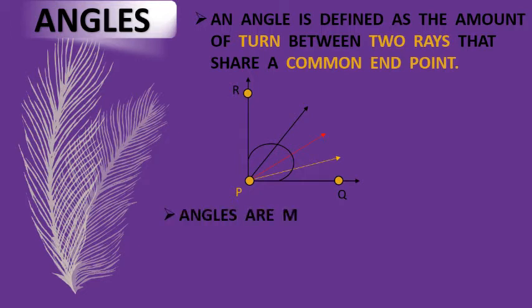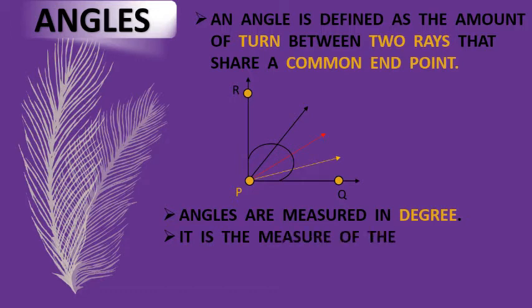Now angles are measured in degrees. As you know, everything you measure, whether a solid or a liquid, you have to write the units. In the same way we have to write units for an angle also. So for an angle we use the degree. And what is a degree?